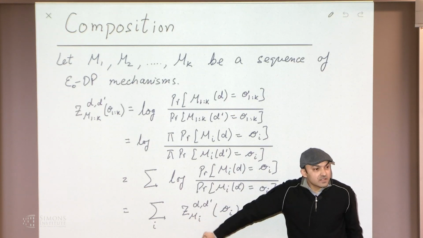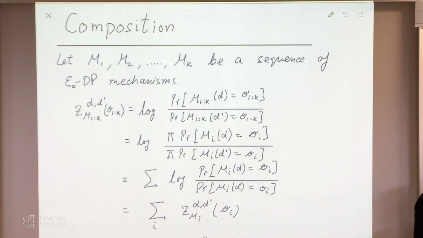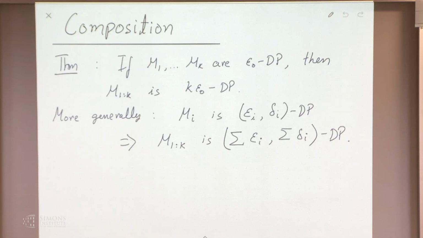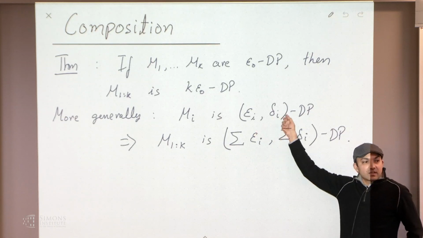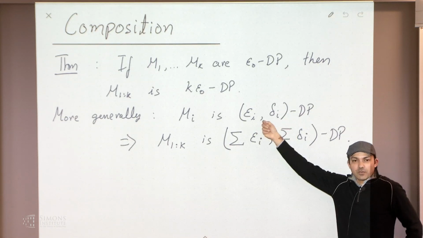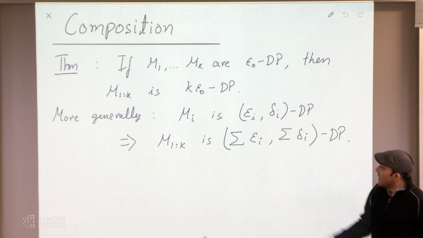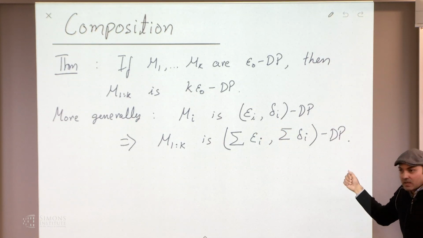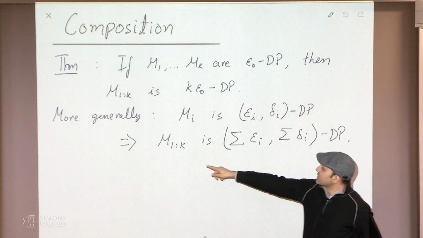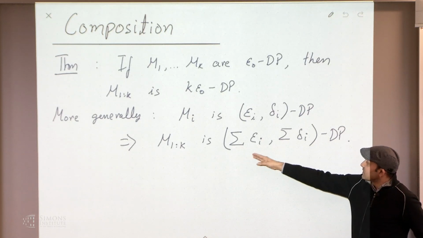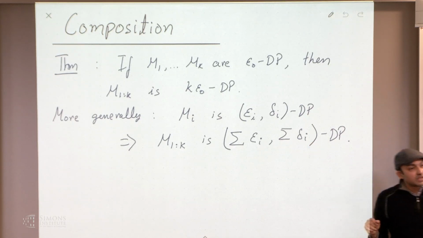I'm adding k of these, so I get k times epsilon. And this can be extended more generally to epsilon-delta differentially private mechanisms with different values of epsilon_i and delta_i. And if you work a little harder, you can show that this adaptive composition satisfies summation epsilon_i and summation delta_i differential privacy.